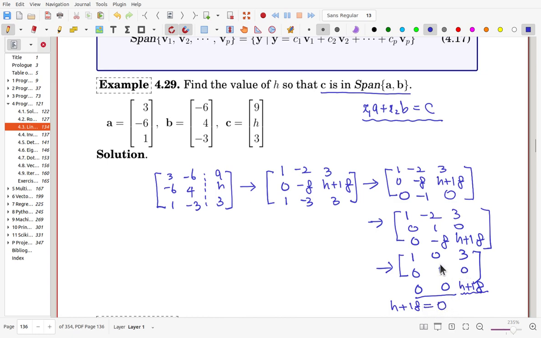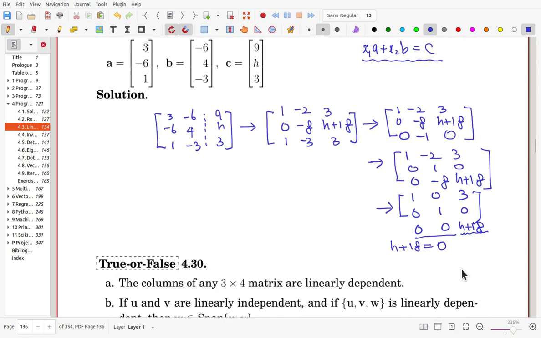So in that case, the solution is 3 and 0, right? So h is now minus 18. Then exactly 3 times a becomes c, right? So that x1 is 3, x2 is 0 here. So the value h must be minus 18, okay?